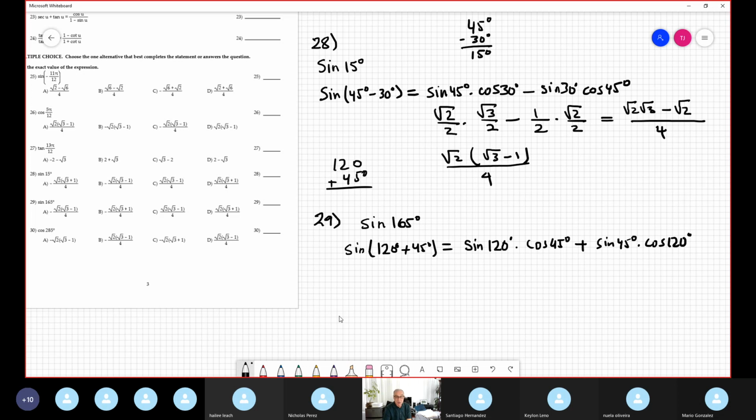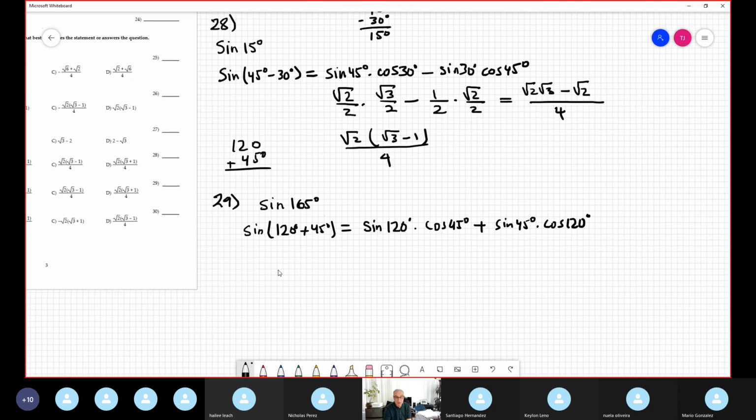Okay, keep in mind that 120 lies in the second quadrant, where sine is positive but cosine is negative. Sine 120 is radical 3 over 2, positive. Cosine 45 is radical 2 over 2. Plus sine 45 degree, radical 2 over 2, and cosine 120 is negative half.